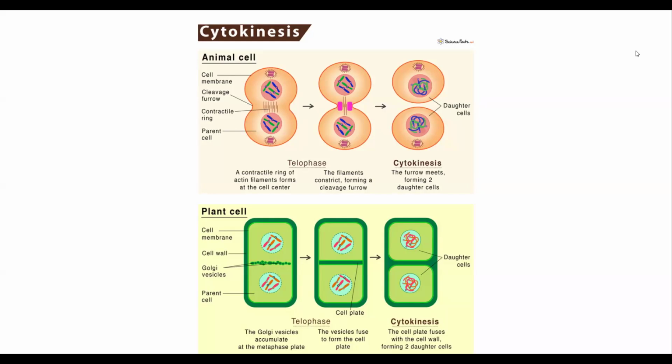The outcome of cytokinesis is two complete daughter cells, each genetically identical to the original cell. This remarkable process not only ensures that genetic material is accurately separated, but also distinguishes between the two methods of cytokinesis in animal and plant cells.